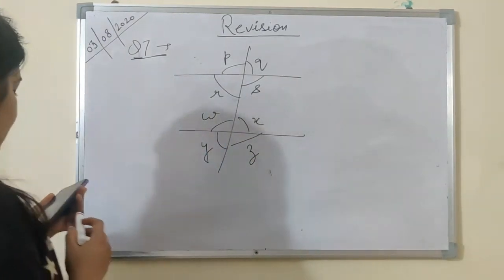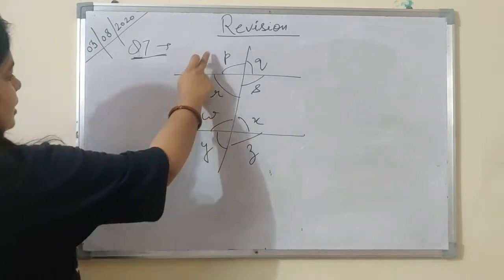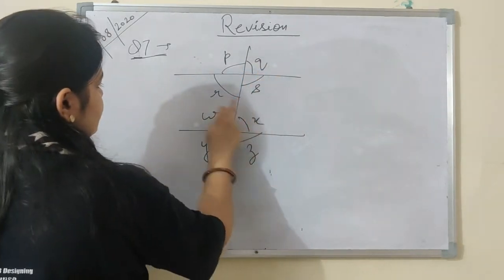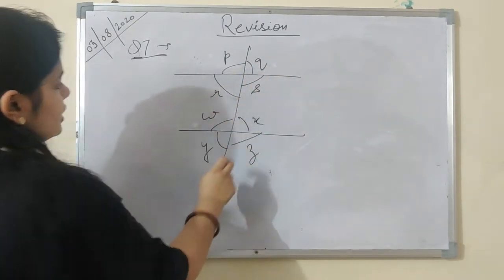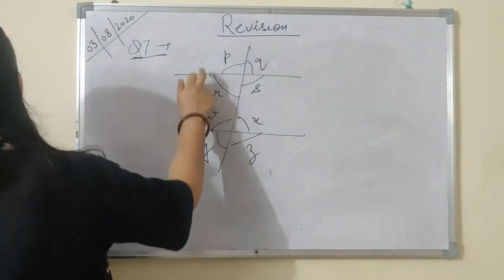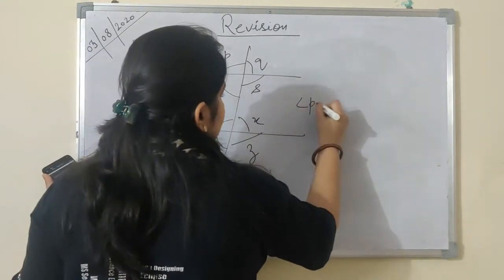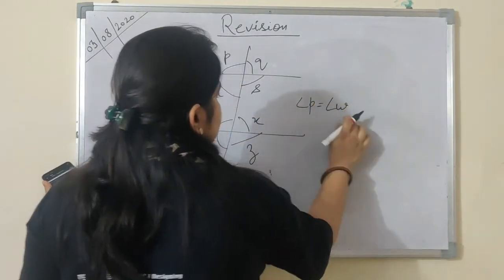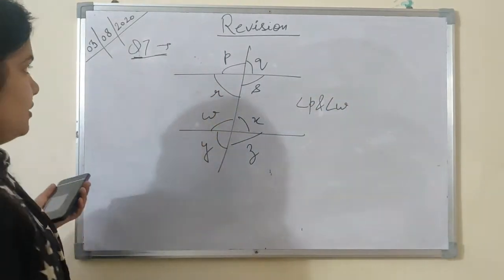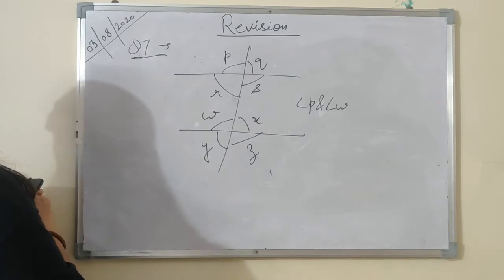We have to tell which of them are corresponding angles. So you can see that P is corresponding with W, Q is corresponding with X, R with Y, and S with Z. Now from the options you will observe that P with W is the correct answer. So the answer is angle P is equal to angle W, which is angle P and angle W are making corresponding angles. Then come to question number 8.